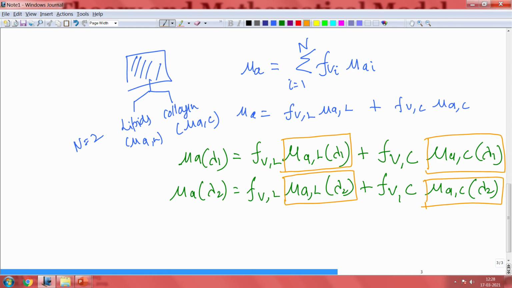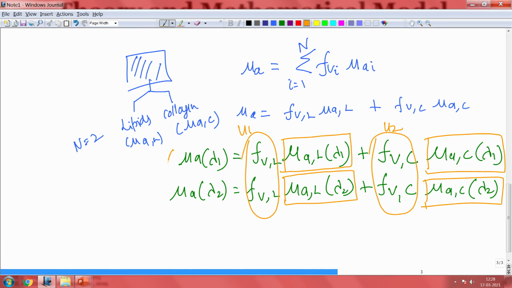What don't we know? We don't know the volume fraction of lipid and the volume fraction of collagen. So, these are the two unknowns. You have unknown 1, unknown 2, and you have two equations.